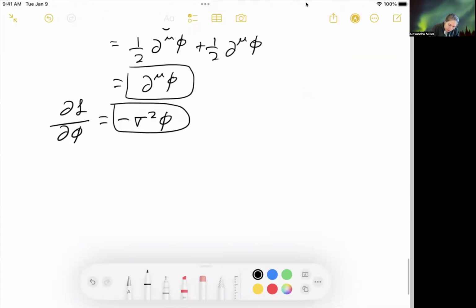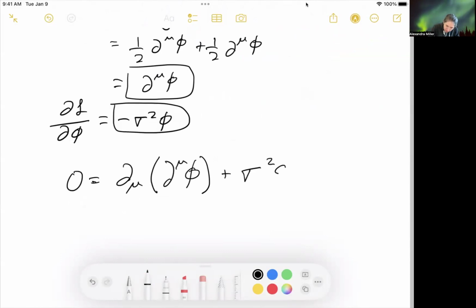So if we plug these into our Euler-Lagrange equations, then we still have this derivative out front, and we plug in this guy, and then we have two minus signs, so we end up with a plus sign, sigma squared phi.